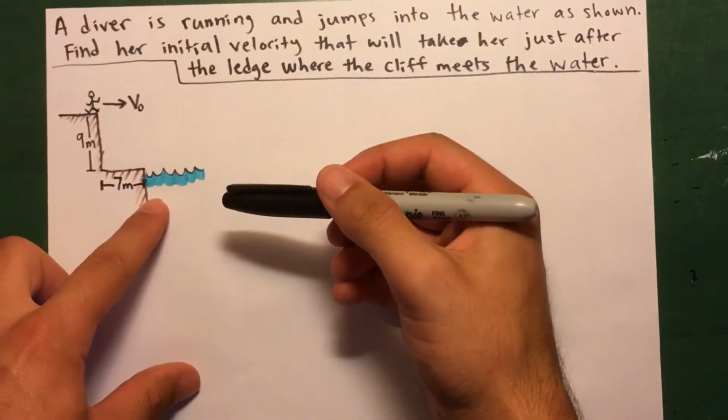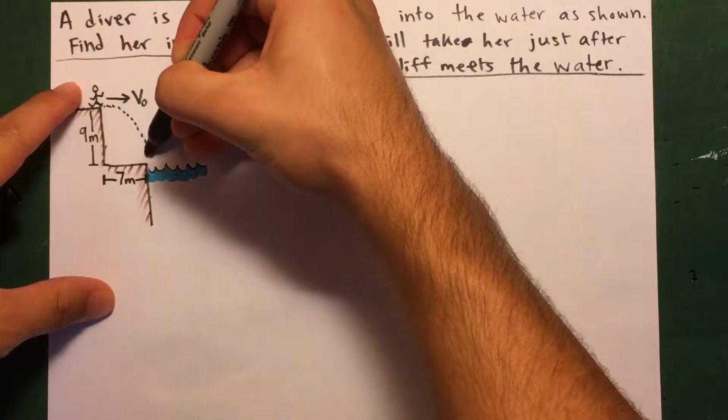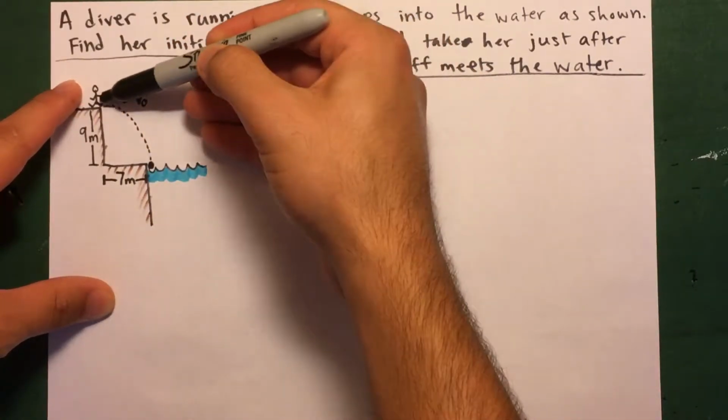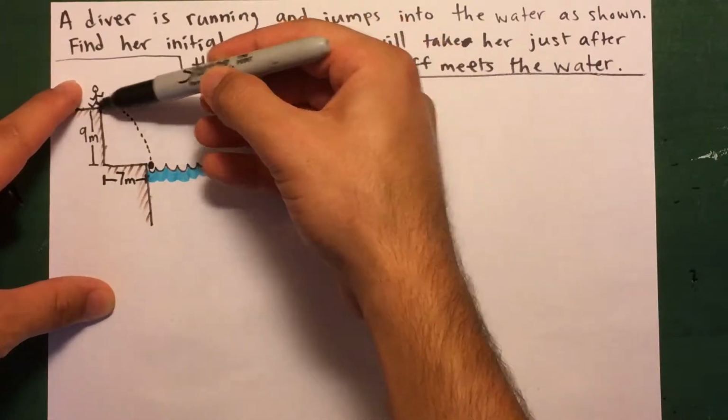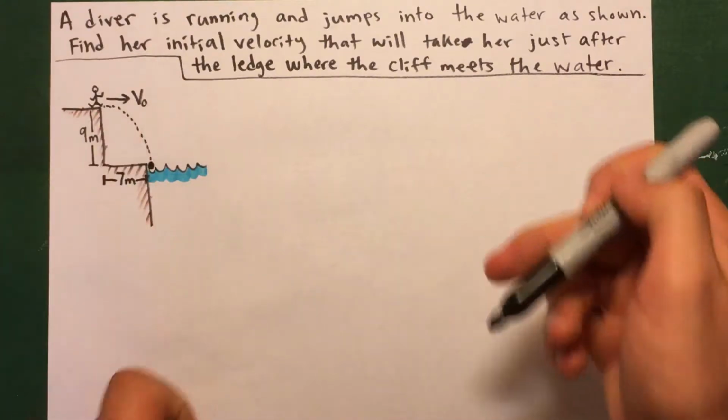In essence, the projectile is going to look like this. We want to know what initial velocity in the x direction is needed to take her to this point safely, meeting the water without hitting anything.